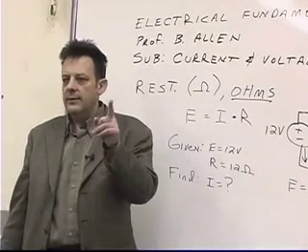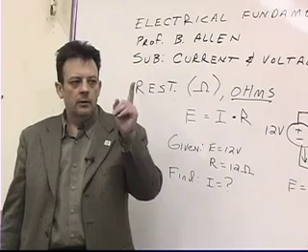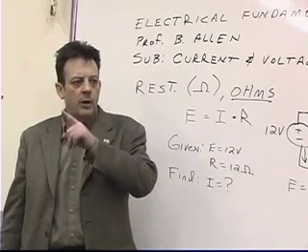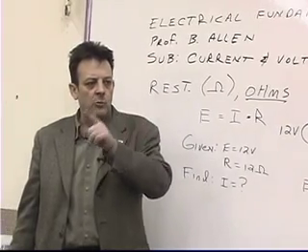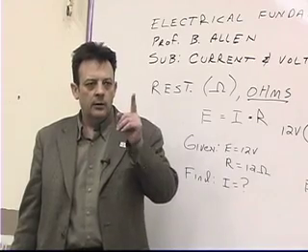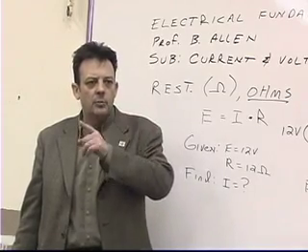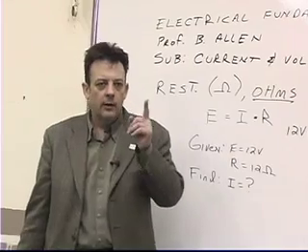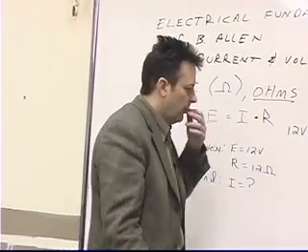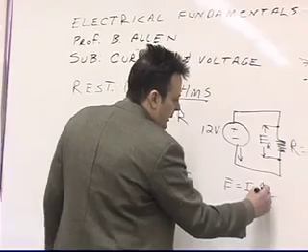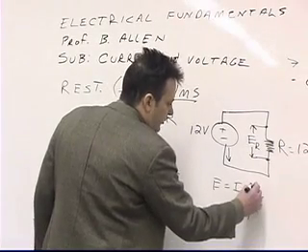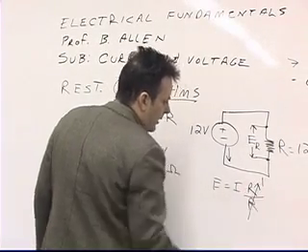So 10 divided by 10 is 1. 0.031 divided by 0.031 is 1. A park bench divided by a park bench is 1. I'm joking a little, but anything divided by itself is 1. So this cancels out, and this becomes 1.